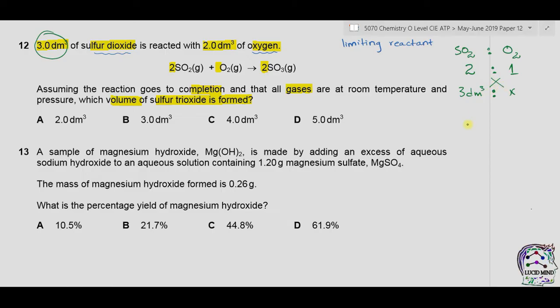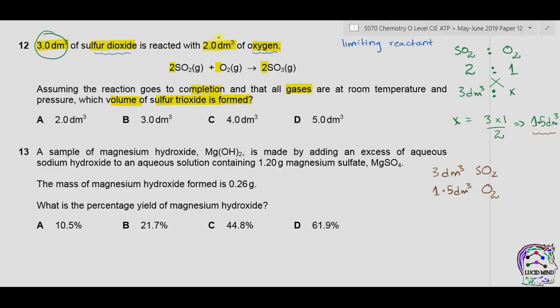We can cross multiply. So X equals 3 into 1 divided by 2, which is 1.5 decimeter cube. So from this value we can infer that for 3 decimeter cube of sulfur dioxide, we require 1.5 decimeter cube of oxygen for complete reaction.